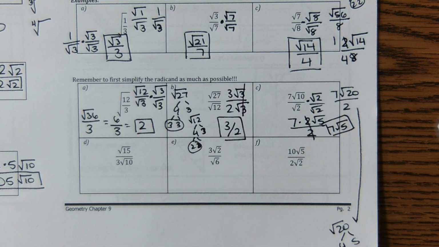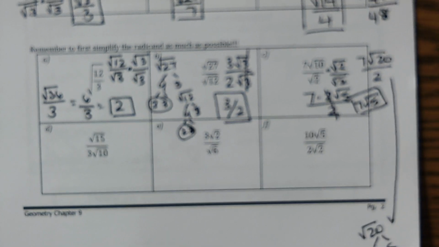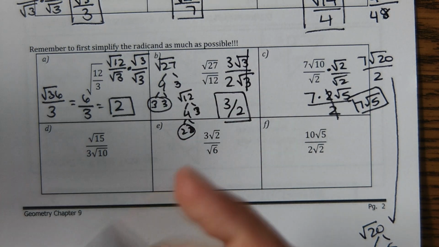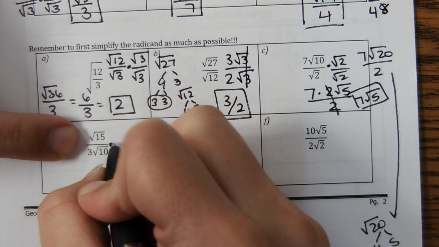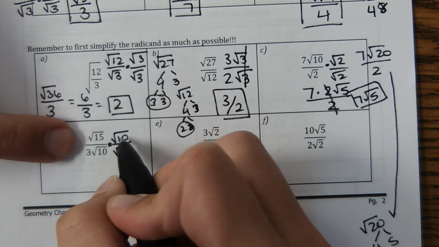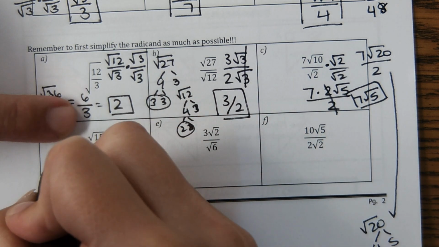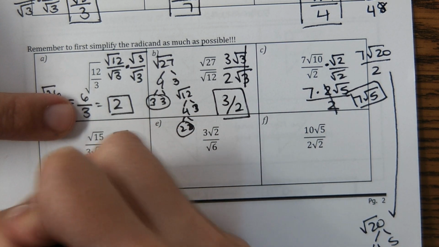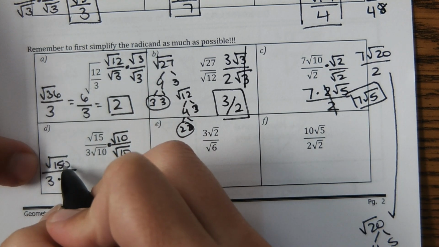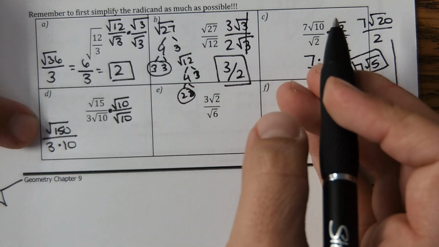Okay, and the next set right here. For this one, there's different ways to go about it. Again, I could simplify first or just get rid of that radical denominator. So multiply by square root of 10 over square root of 10, I get square root of 150 over 3 times 10, which will be 30. I'm going to simplify the 150 down here.